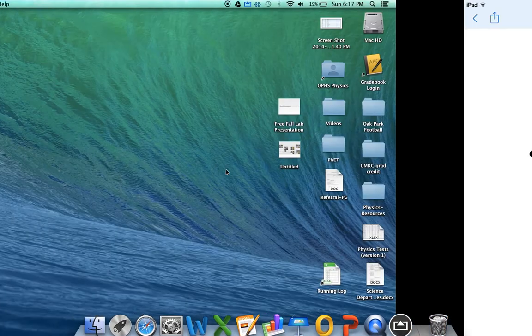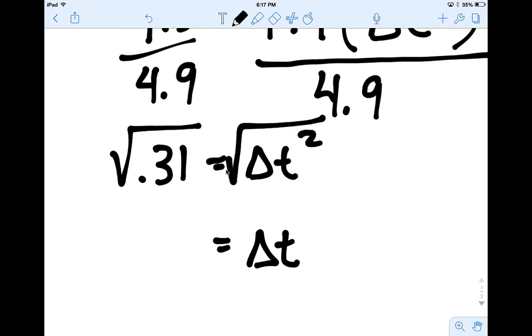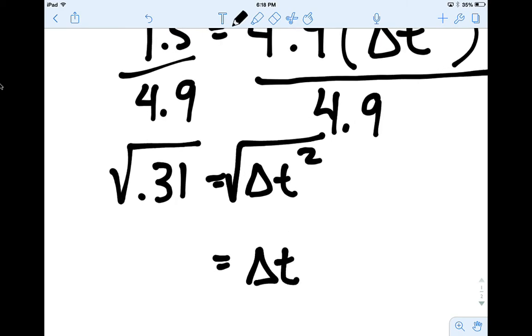You guys aren't going to be able to see this, but I'm just going to do square root on the calculator on my phone here. Oh, my phone has low battery. Sorry, this is boring for you guys. But let's see, that was 1.5 divided by 4.9, and then I want to square root it.